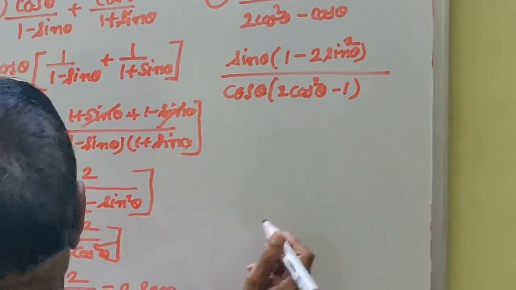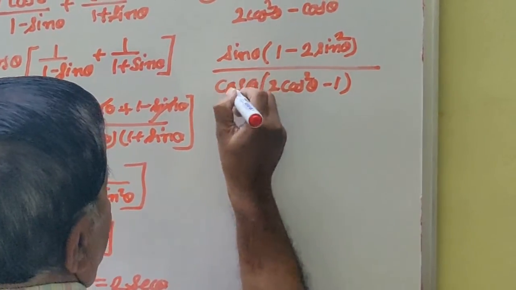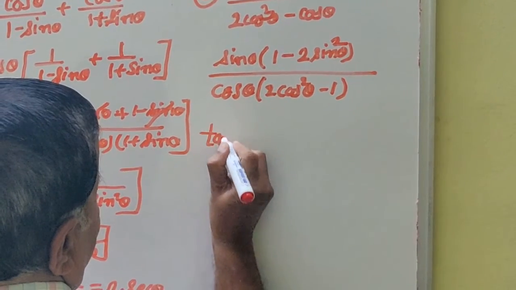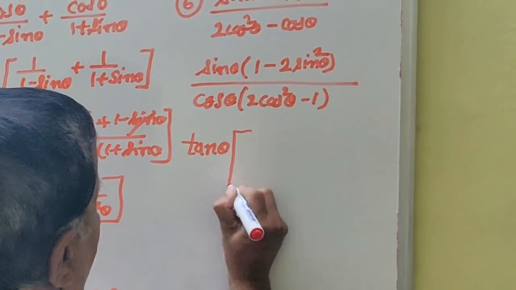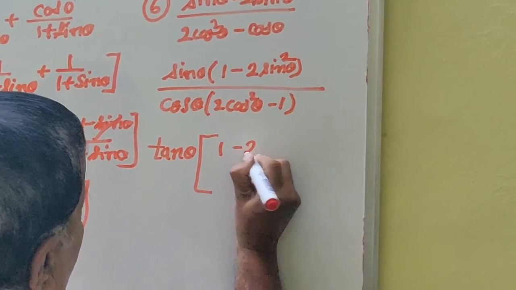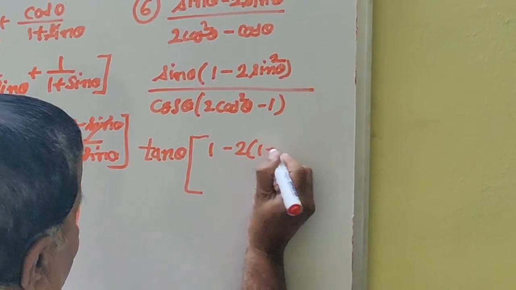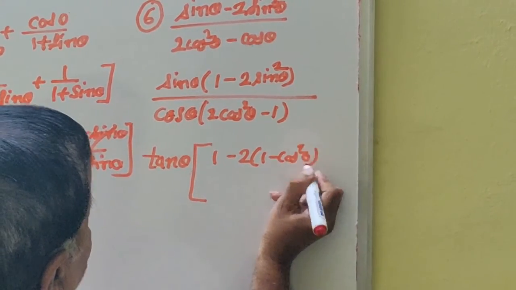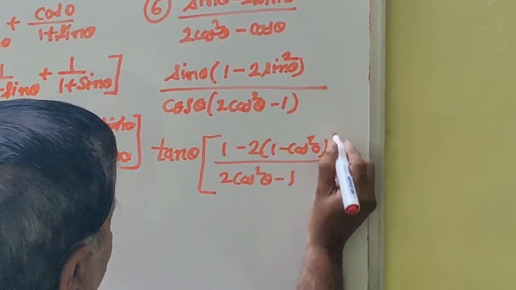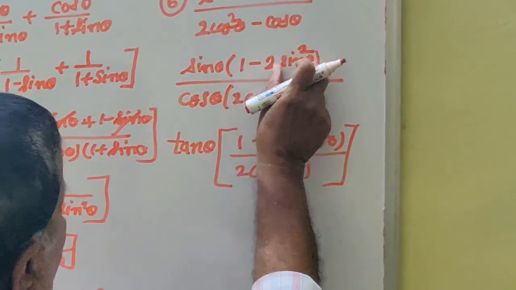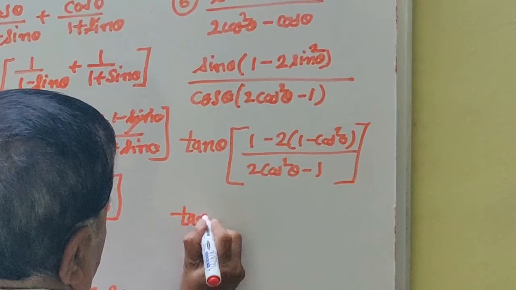Now in this problem, sin theta upon cos theta is tan theta. You already know that. Now I am substituting sin square theta equal to 1 minus cos square theta. You can change any one, the numerator or the denominator.